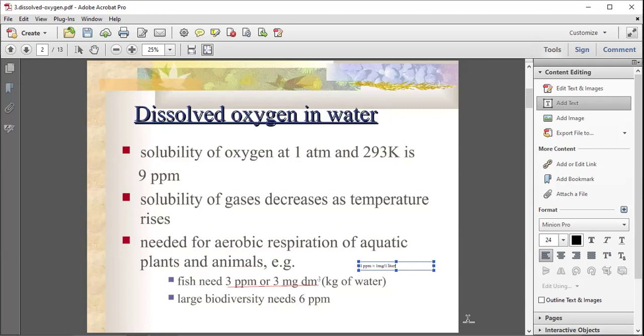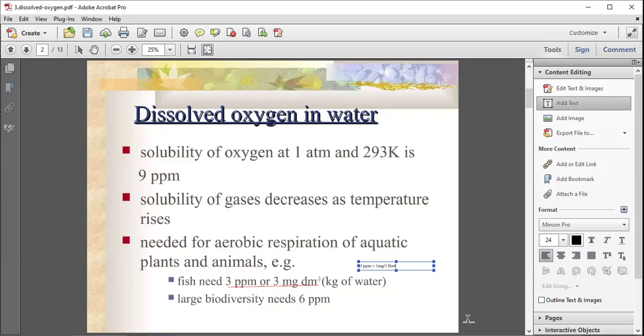So you know 1 liter is equal to 1 kilogram approximately. 1 kilogram is equal to 1000 gram, and 1 gram is equal to 1000 milligram.